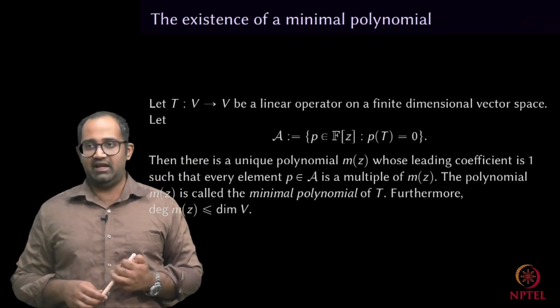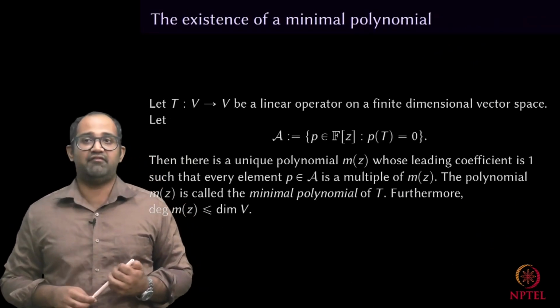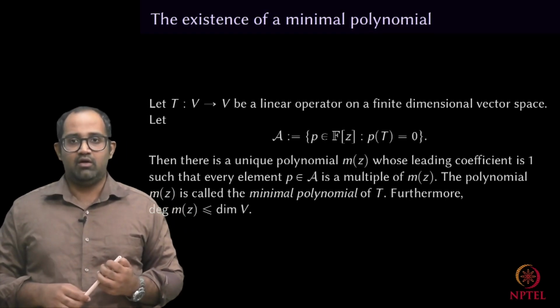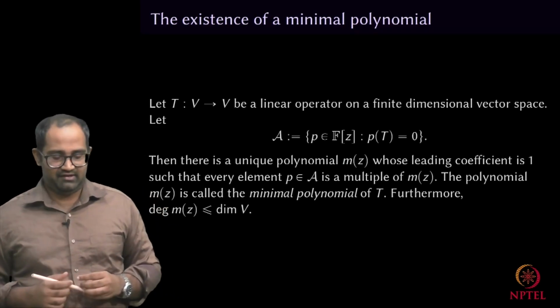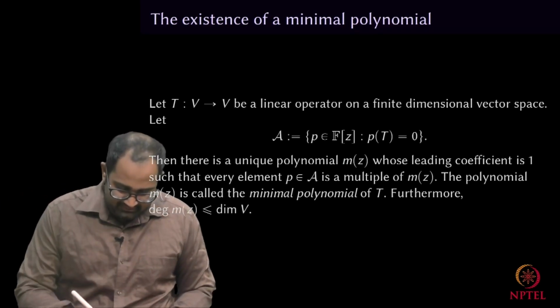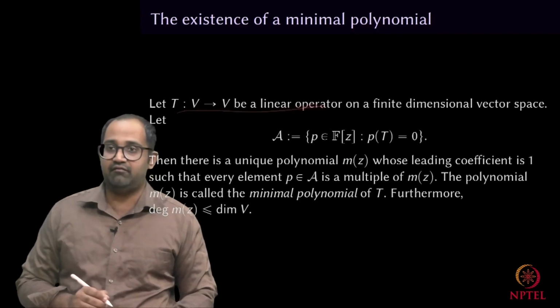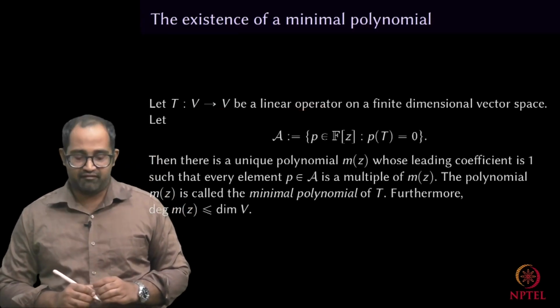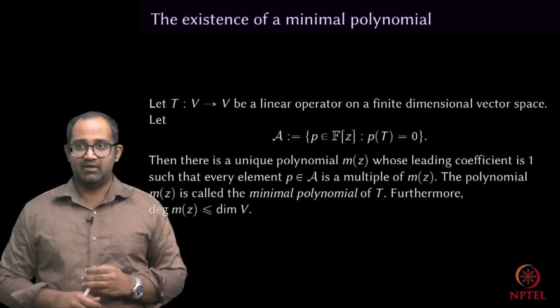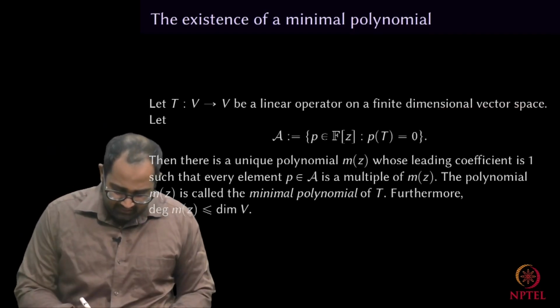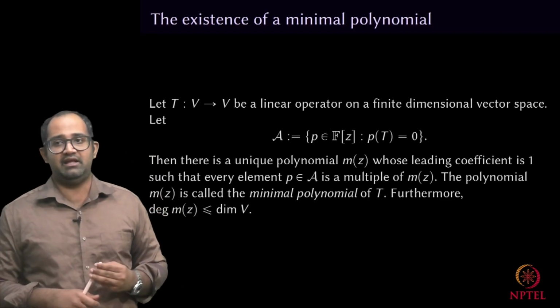Amongst all the annihilating polynomials, there is a very special one called the minimal polynomial. What's the minimal polynomial? Well, let's take a definition. Let T from V to V be a linear operator on a finite dimensional vector space. This is extremely crucial. Let A be the collection of all annihilating polynomials.